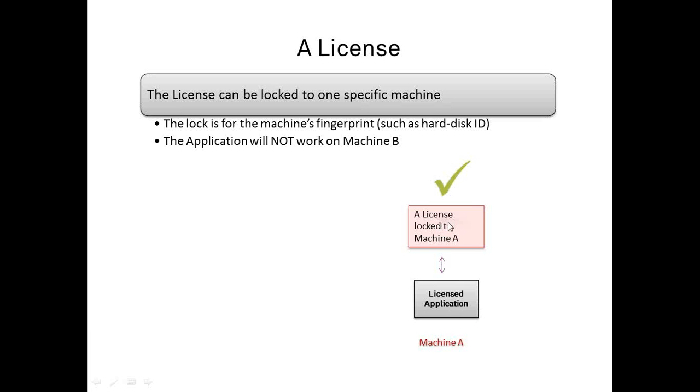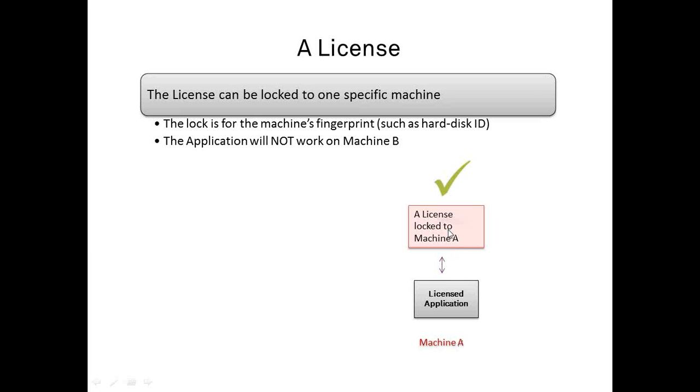Now a license can, and normally most of the software vendors will choose to do it, the license can be locked to the machine A. What does it mean, locked to the machine A? It means that this license knows exactly that the machine A is the place where the license resides, and therefore this license will be working only on machine A. How does it work?